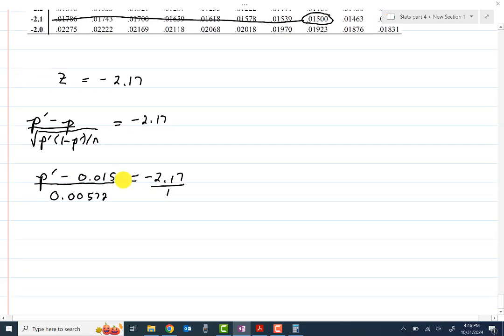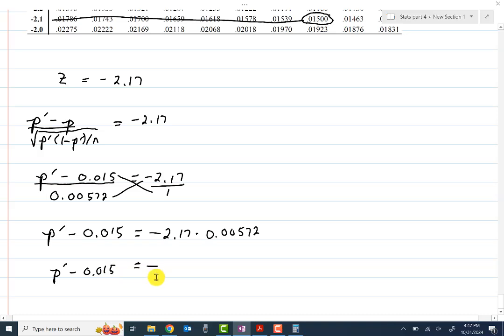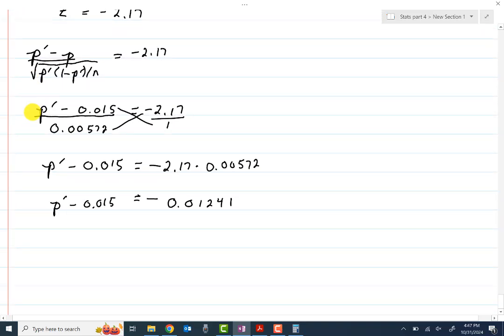So I'll put that over 1. Cross multiply. And then I'll add 0.015 to both sides.